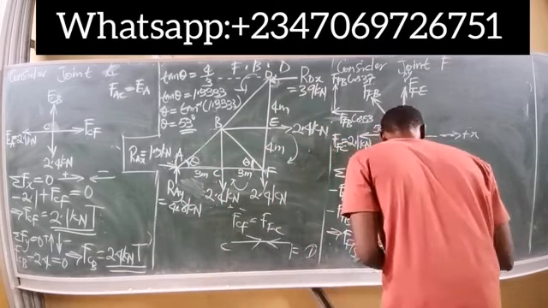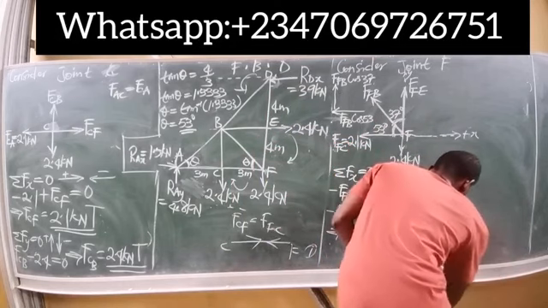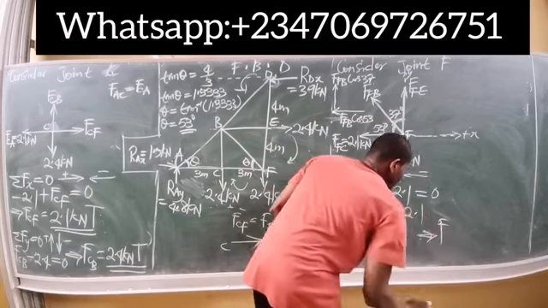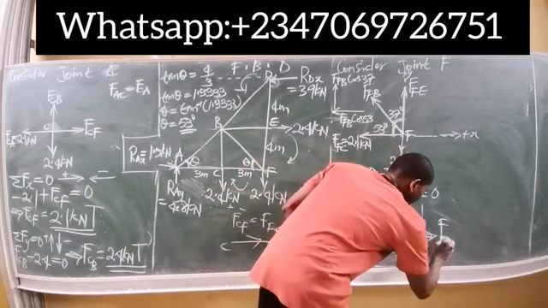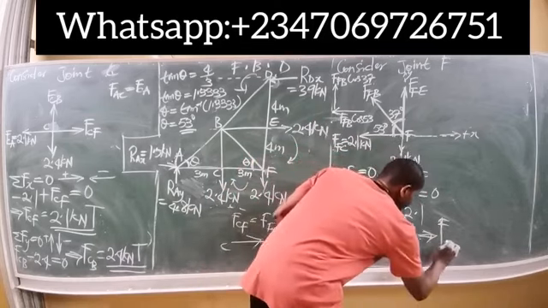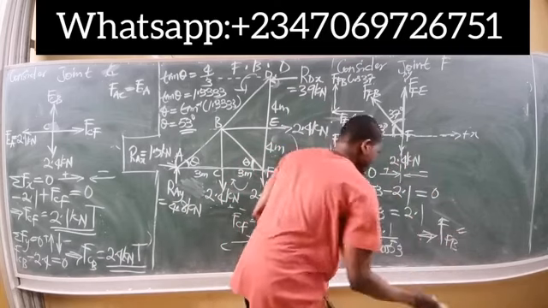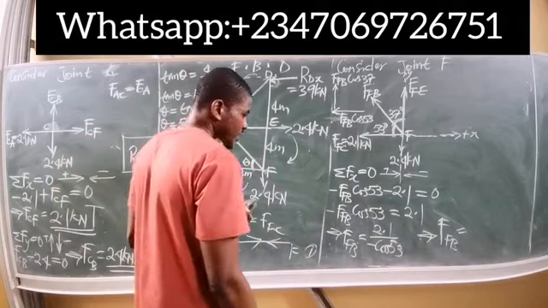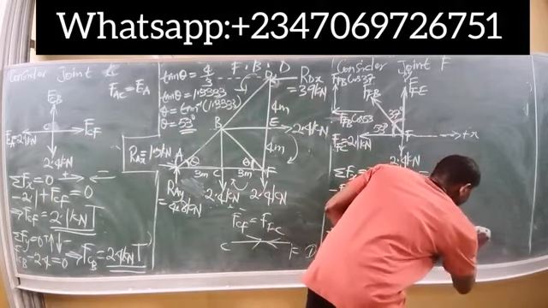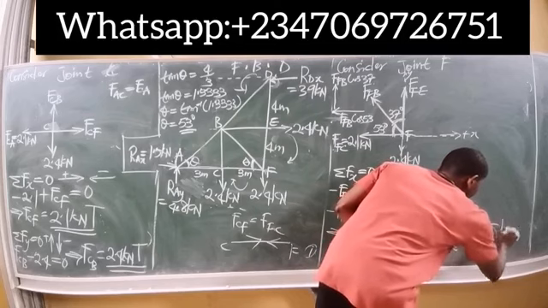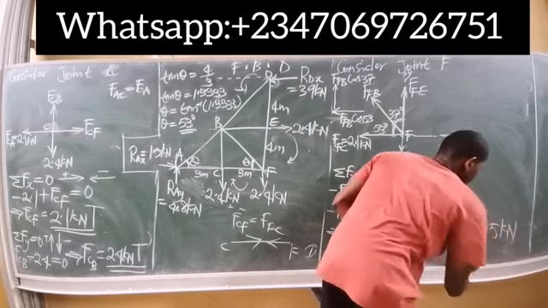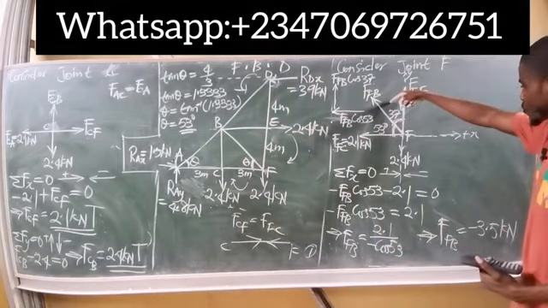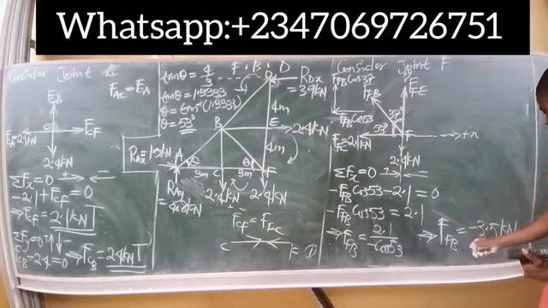So this implies that the force in member FB is 2.1 divided by minus cos 53. That gives us minus 3.5 kilonewtons. Now, we assumed the force in that member FB to be in tension, and we are obtaining a negative sign.